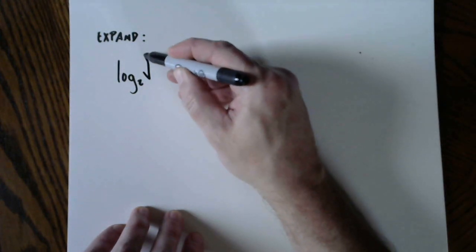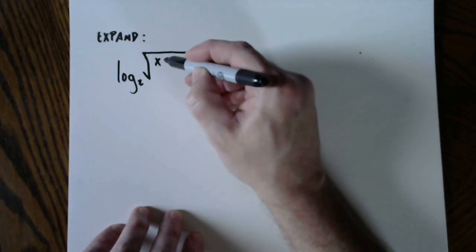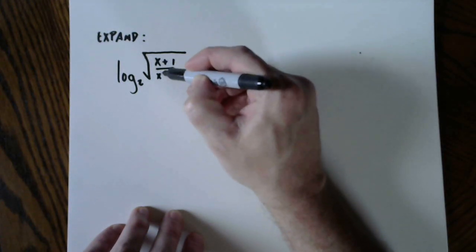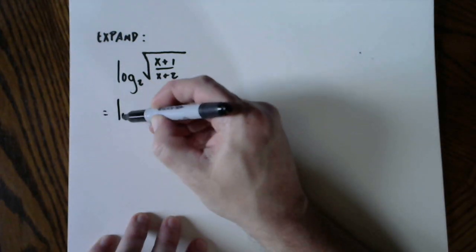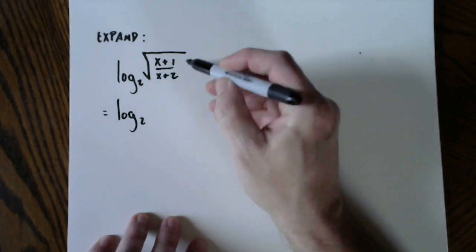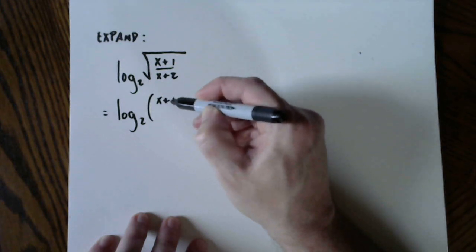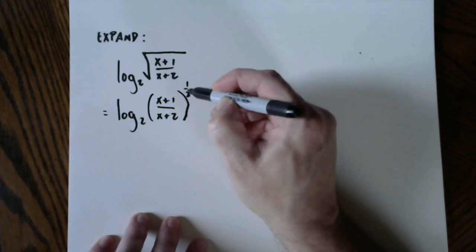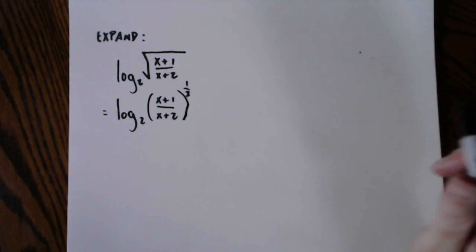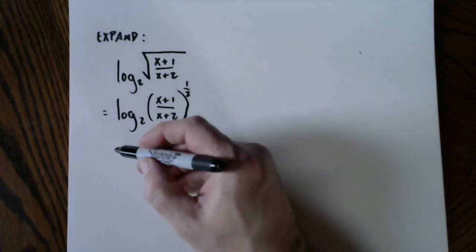Let's say log base 2 of the square root of x plus 1 over x plus 2. Okay, so first thing I'm going to recognize is this exponent is not my friend. So the first thing I want to do, I'm going to pull that exponent out.